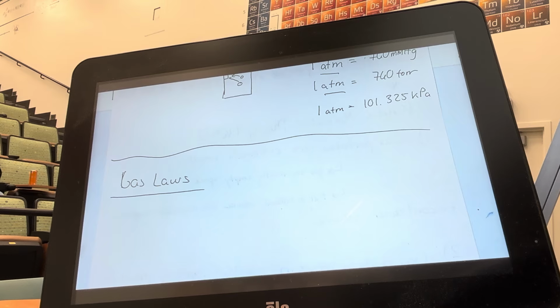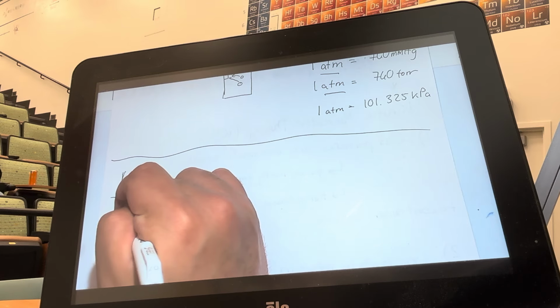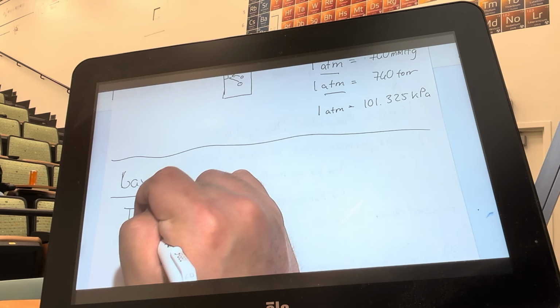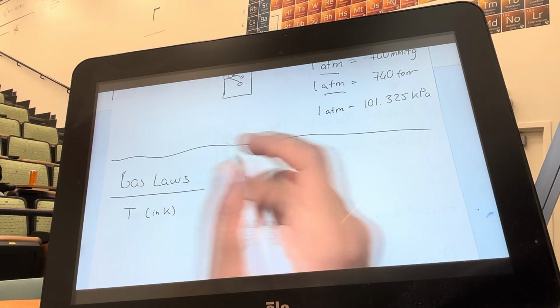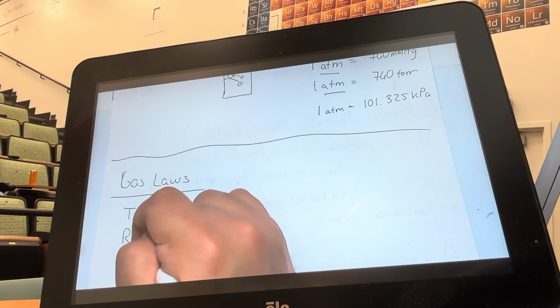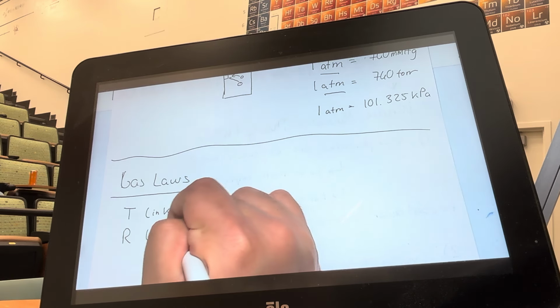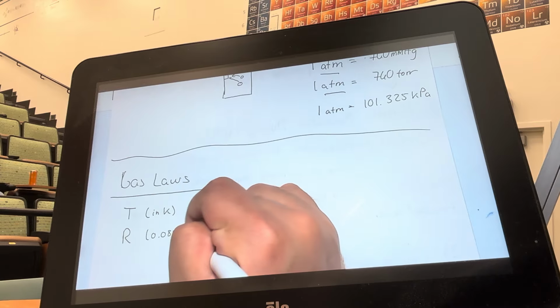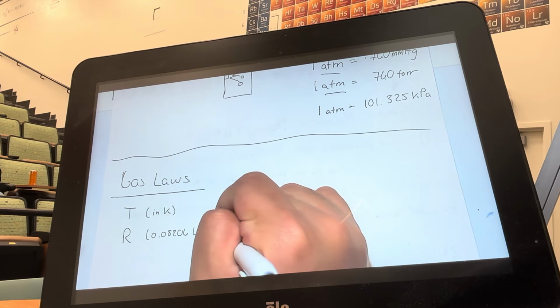The four different properties of a gas when it comes to the gas laws, you've probably heard of them. There's temperature in Kelvin. There's R, the universal gas constant, which we know as 0.08206 liter atmospheres per mole Kelvin.